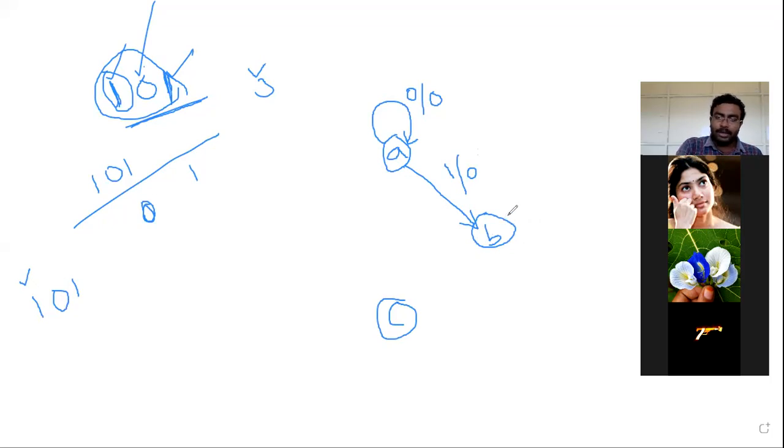Now if I find an input 1 in state B, for example, actually my desired input bit is 0, but if I find 1, what will happen? Since that is not my desired bit, it will stay in the same state with an output 0 here.